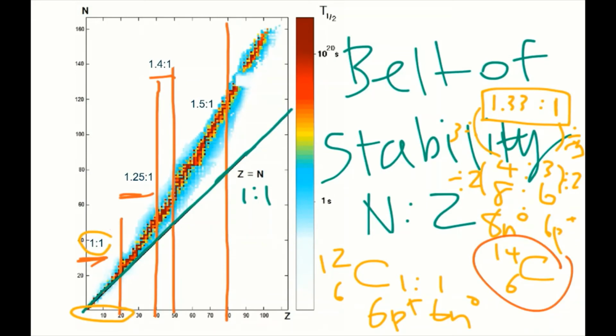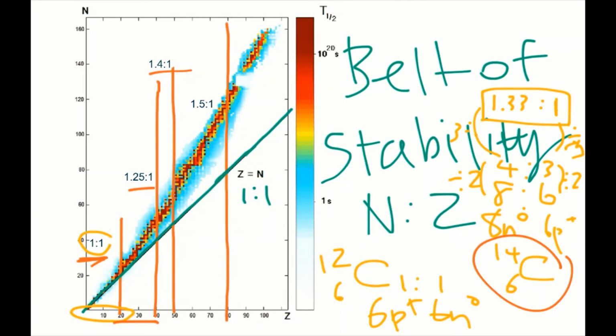So let's look at the next ratio. If you have between 20 and 40 protons, then generally a 1.25 to 1 neutron to proton ratio will be stable. If you have between 40 and 50 protons, then a 1.4 to 1 neutron to proton ratio will be stable.